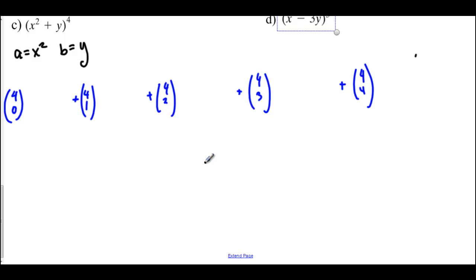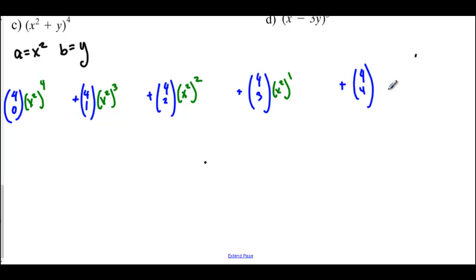So again, I start with the coefficients, the 4 choose 0, 4 choose 1, so on and so forth. And then for our A, we're going to have our x squared. And then we're going to start with our 4, so to the 4th power, 3rd, 2nd, 1st, and then we're not going to have it here.